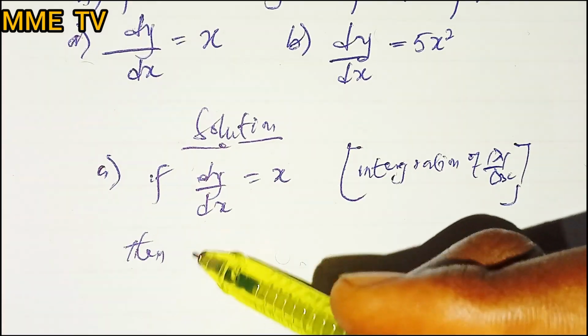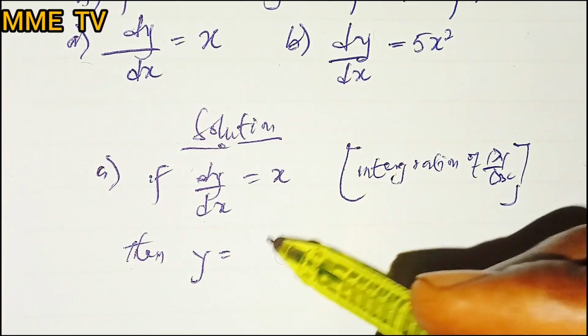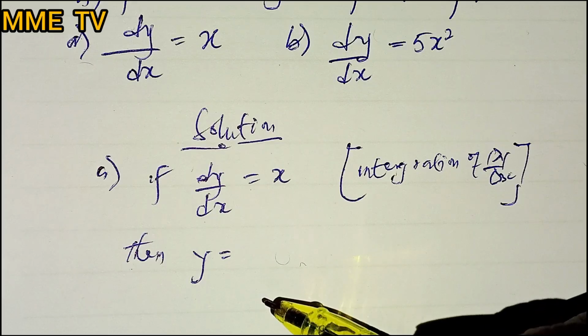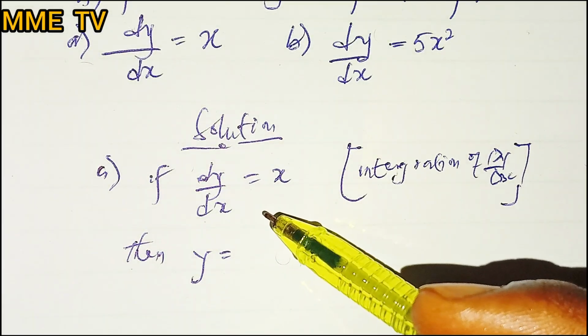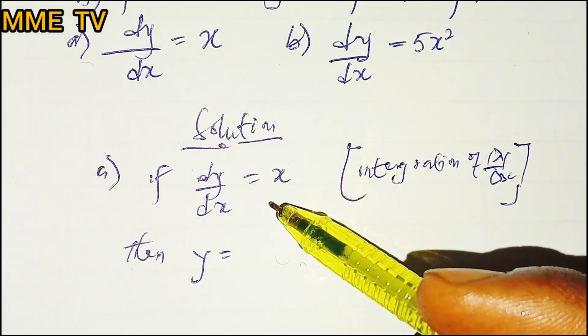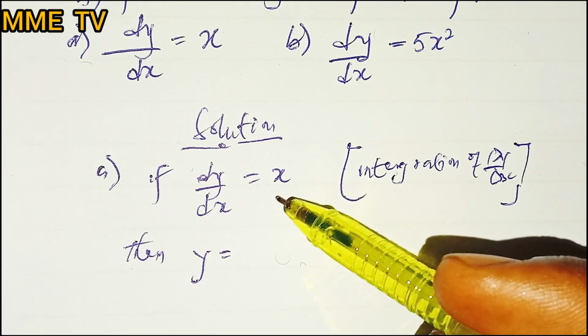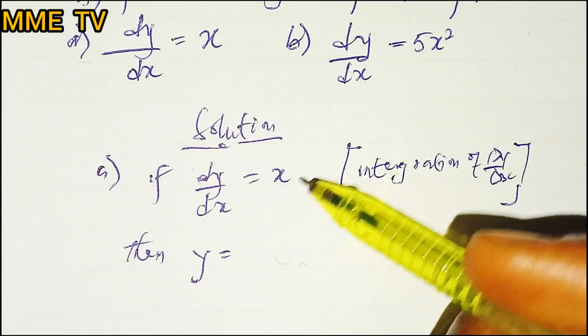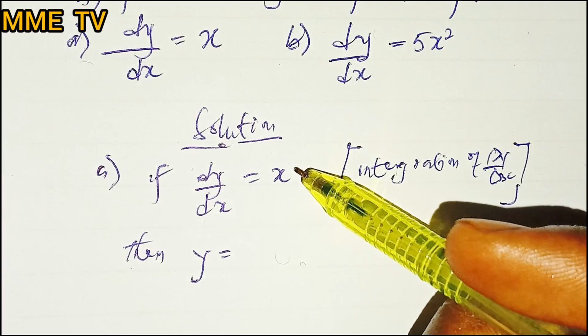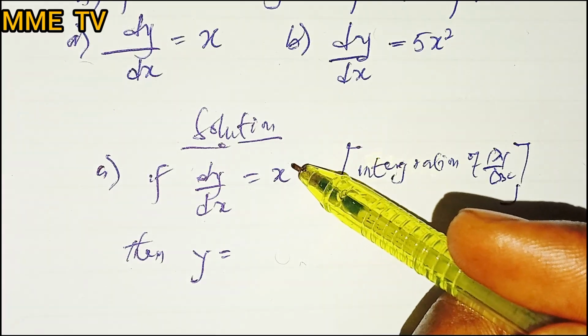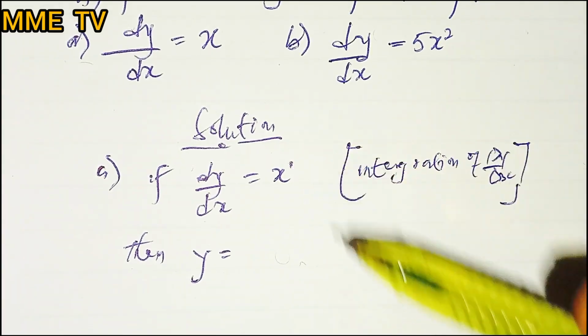So what it means is that y is going to be, knowing fully well that we just have x, and remember that in differentiation we subtract 1. Remember that there is a visible 1 over here.